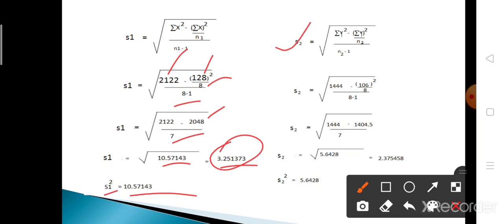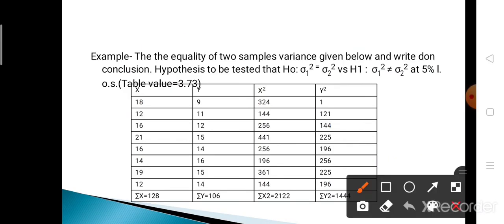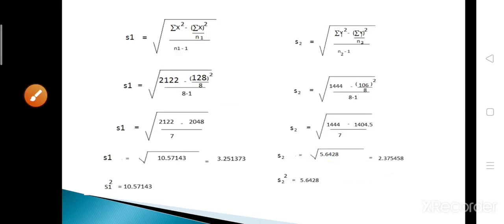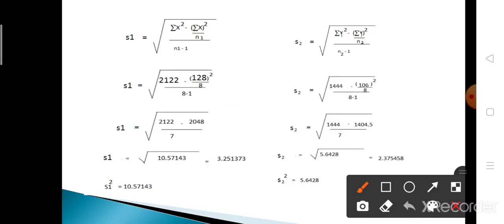Now S2 formula is square root of summation y square minus summation y whole square divided by n2, whole divided by n2 minus 1. Summation y square is 1444, summation y is 106 and here we are given total 8 observations, that is n2 is equal to 8. Just plug all the values in the formula of S2. 106 square divided by 8, that is 1404.5. 8 minus 1, that is 7.